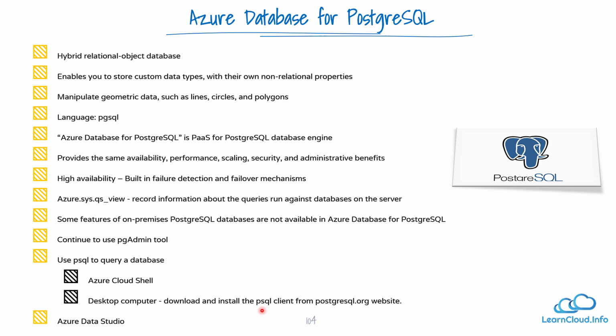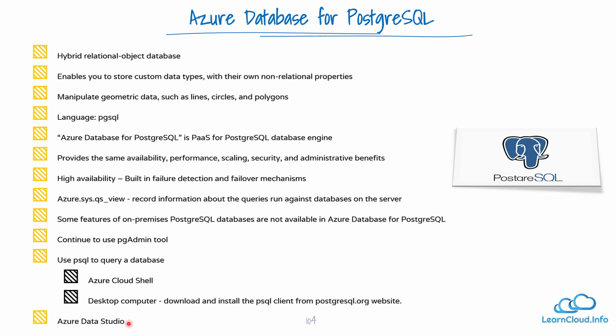Then you can use the command line interface. The other option is Azure Data Studio. This is a free tool, as we know, available from Azure. You can download and install it, and it provides a user interface, and using this tool we can interact with PostgreSQL and execute our queries.